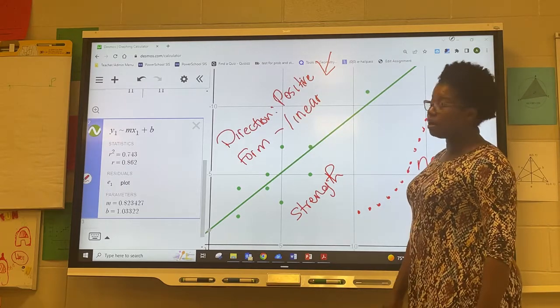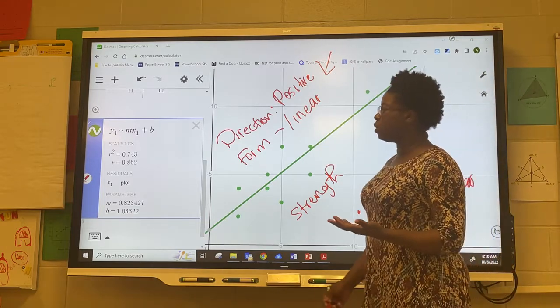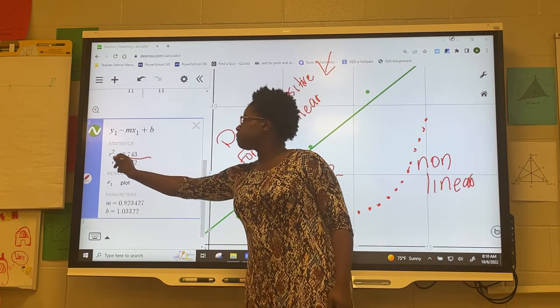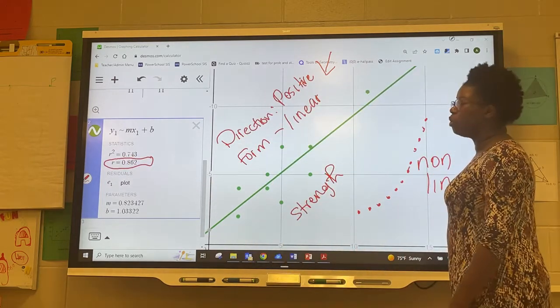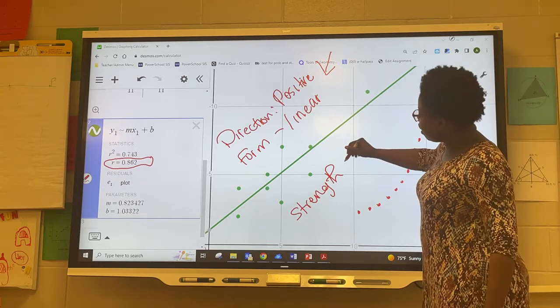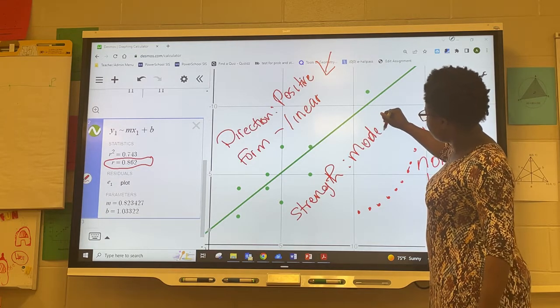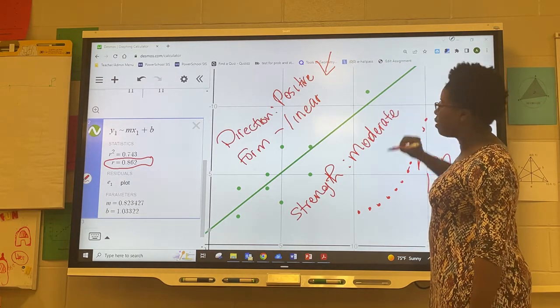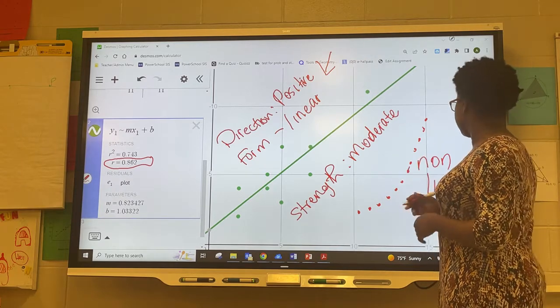Here, I would say it's moderate because the dots are relatively close to the line. Also, my R value, 0.862, gives you an idea that my answer, moderate, is correct. So we say the strength is moderate, not too strong, not too weak. That's around the middle right there.